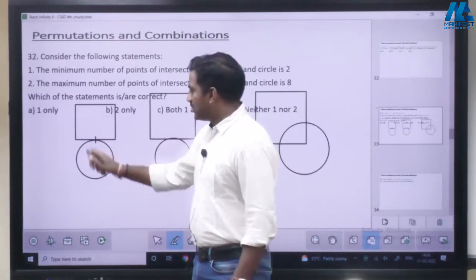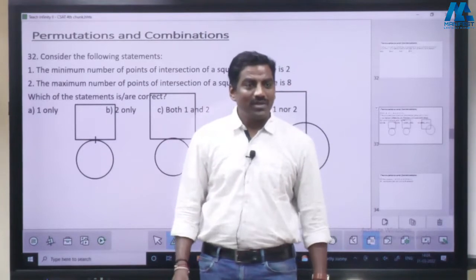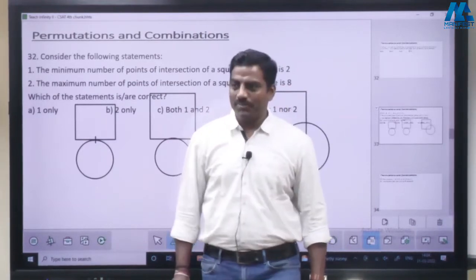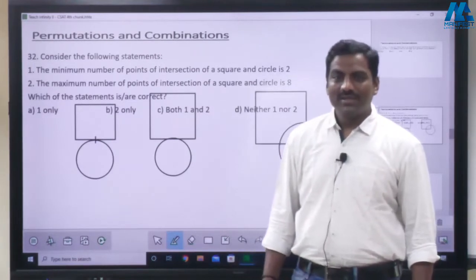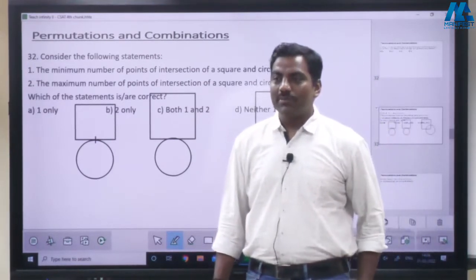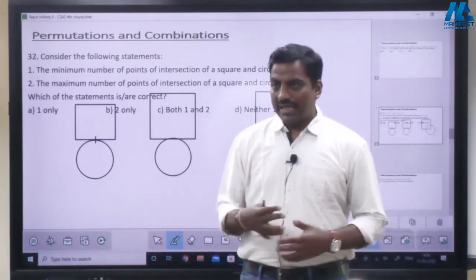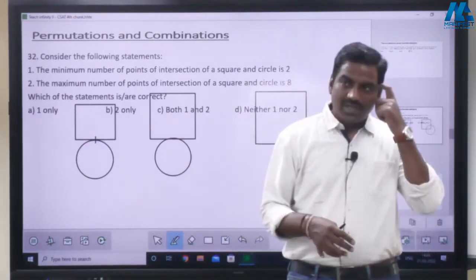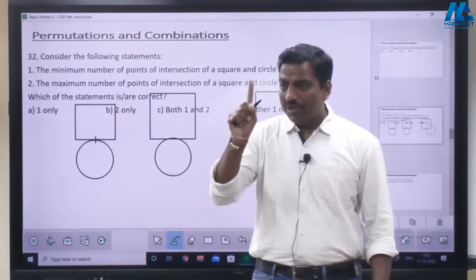Is it getting inside the circle? It is just touching the circle. It's just grazing over the circle. It's a tangent. So, how many points will be there for a tangent? When a tangent is drawn to a circle, at how many points will it touch? Single point. That is the understanding.